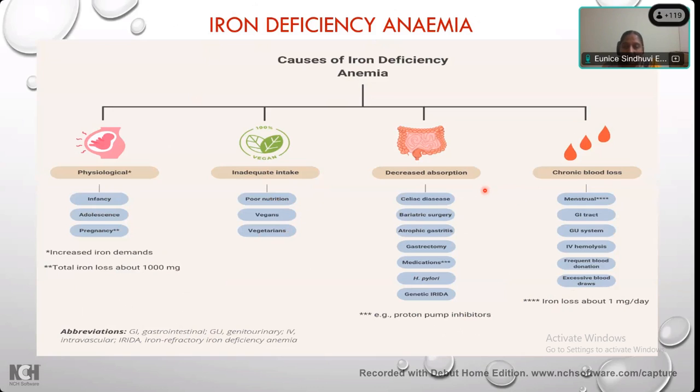The other reason is decreased absorption. It can be due to celiac disease or gastritis or various reasons. The other reason is chronic blood loss. It can be menstrual, GI tract or any other blood loss.